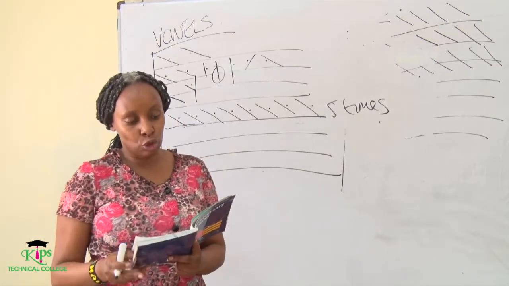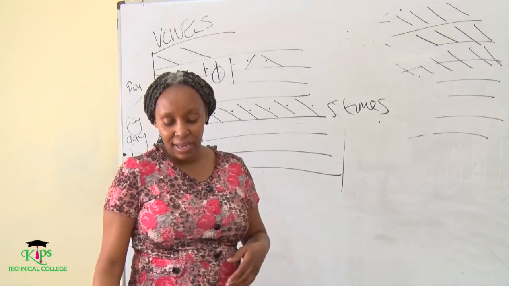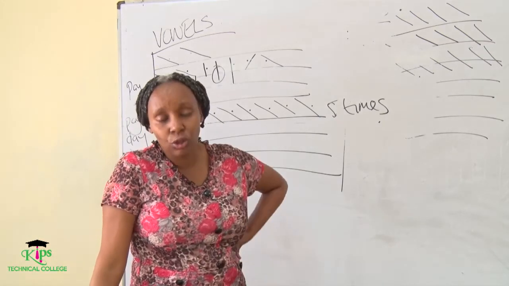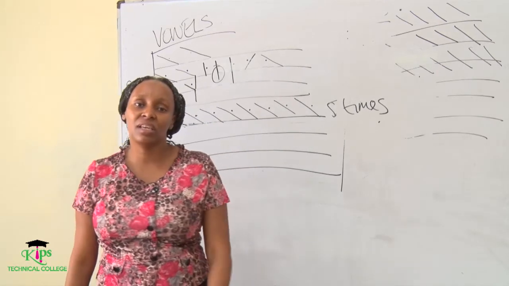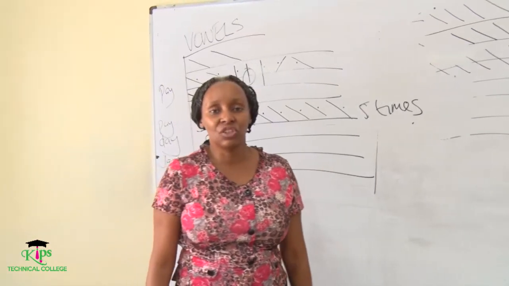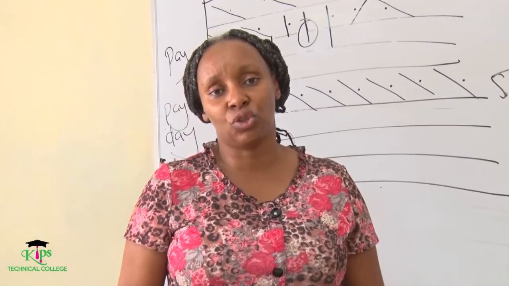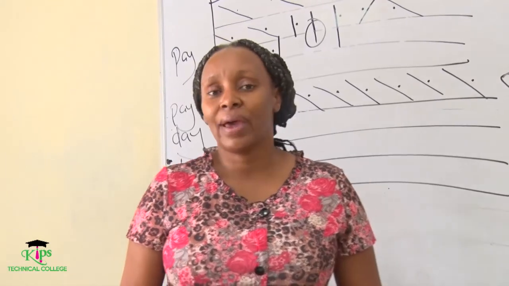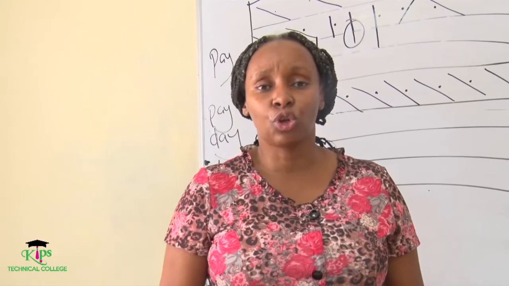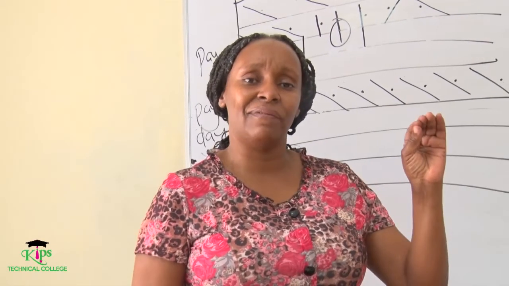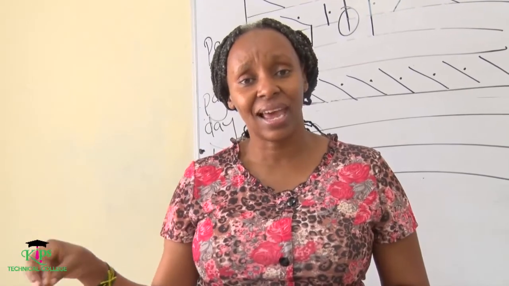So I have taught you about the position. We've been able to identify the first 6 consonants in shorthand, which are P, B, T, D, J, and J. Then we've also mentioned the position of outlines, where we said outlines are written in first position, which means the outline is above the line. Second position means the outline touches the line.